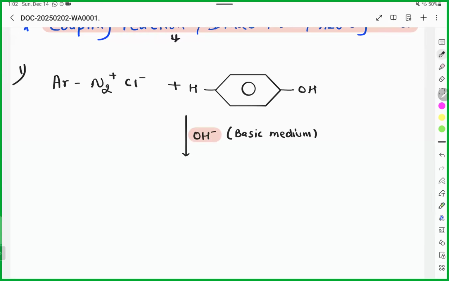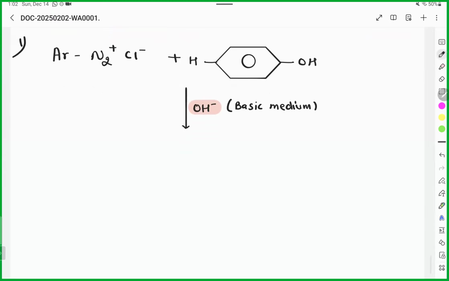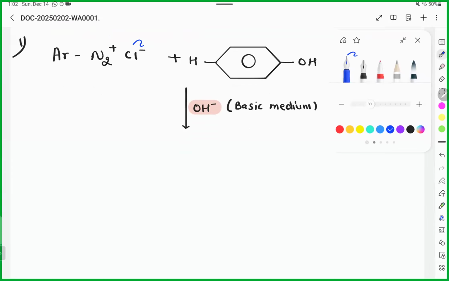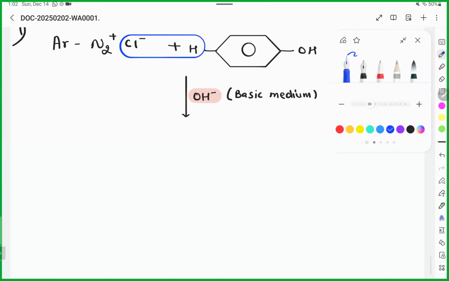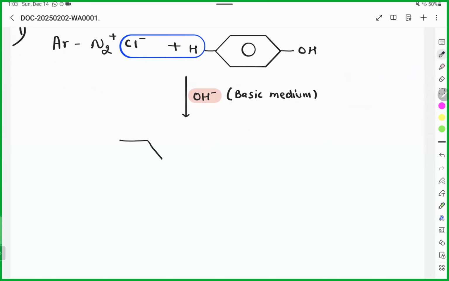In basic medium, you can remove HCl, which is stable. What will be the product? Already two benzene rings, 1, 2, 3, 4, 5, 6, then azo, then 1, 2, 3, 4, 5, 6.